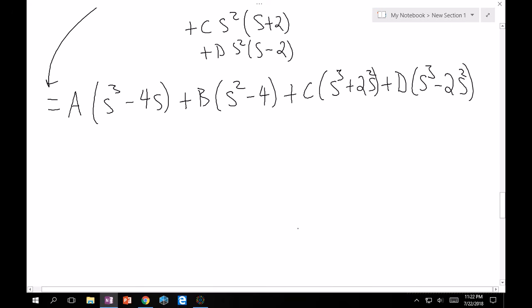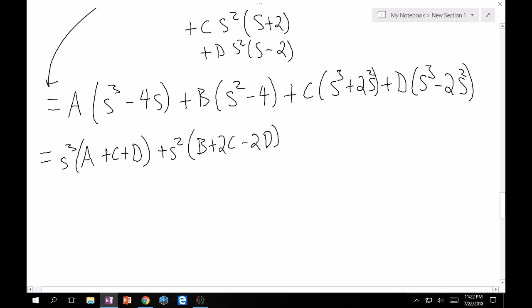And then, I don't know if you guys have seen this trick before, but you basically just want to get the factors in front of each individual s cubed, s squared, and s together in order to try to solve for stuff like this. So therefore, for s cubed, we have a contribution from a, we have a contribution from c, and a contribution from d. Okay. Plus s squared, where do we have contributions? We have b plus 2c minus 2d.